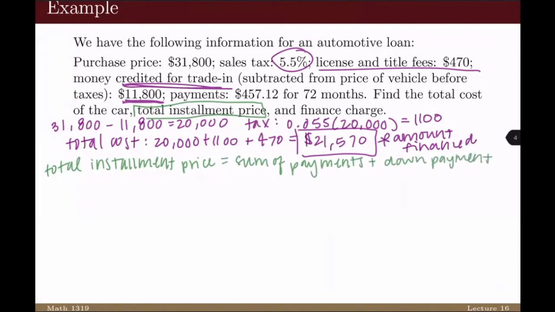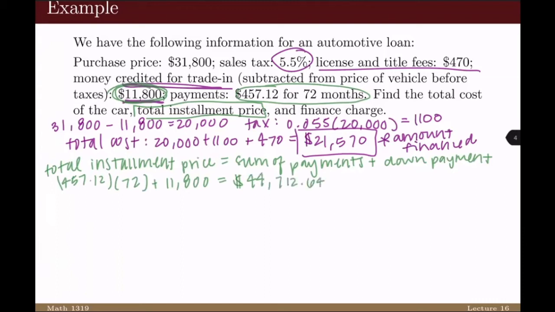So our payments are right here, we had $457.12 times 72 months. We're going to add our down payment, which is going to be our credited amount, that $11,800. It's going to behave as our down payment for this problem. This is going to equal $44,712.64. So that is our total installment price.